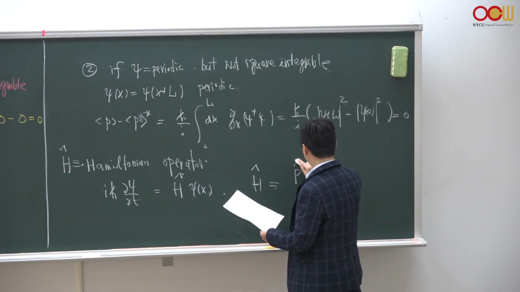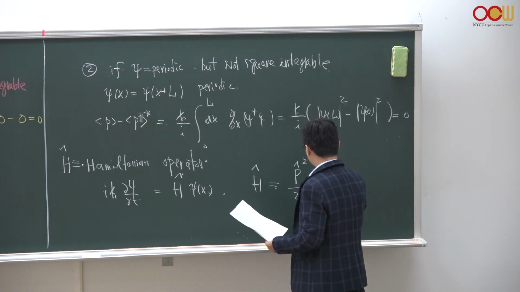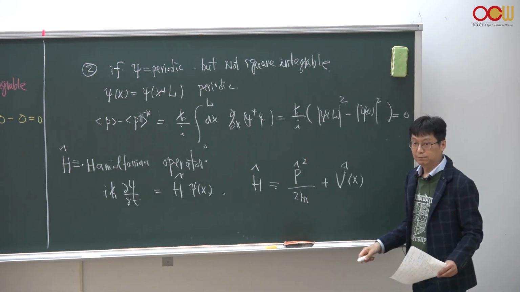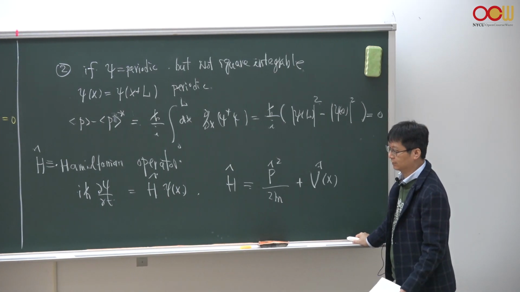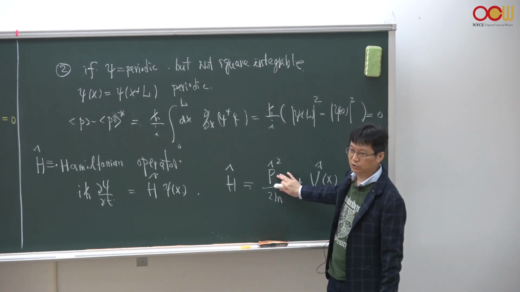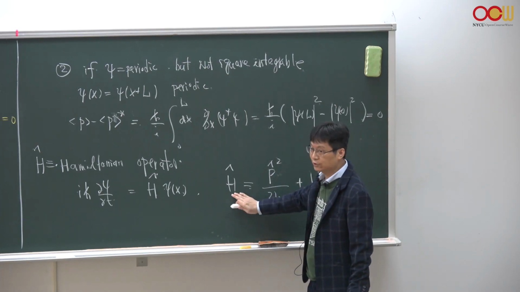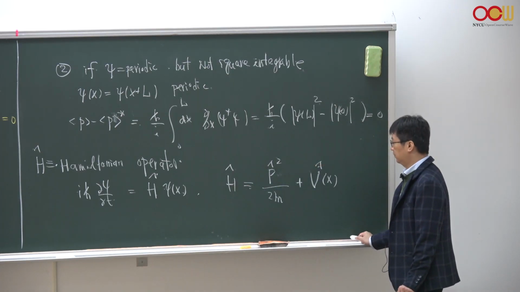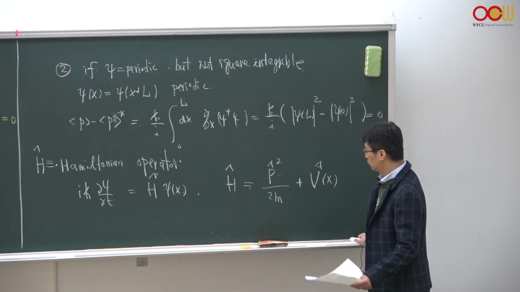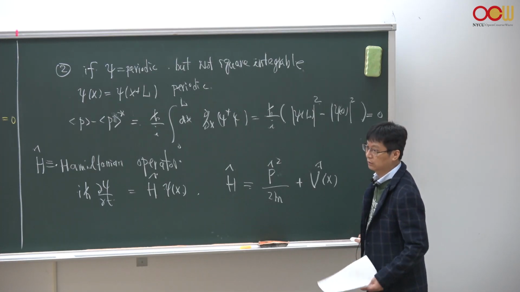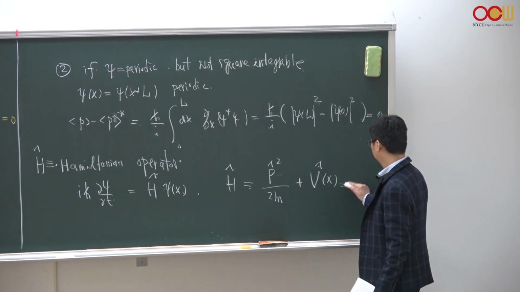It is certainly an operator in quantum mechanics, because P, the momentum, is an operator, right? So P squared is also an operator. This H with a hat is defined as the Hamiltonian operator, the quantum mechanical operator for the total energy.